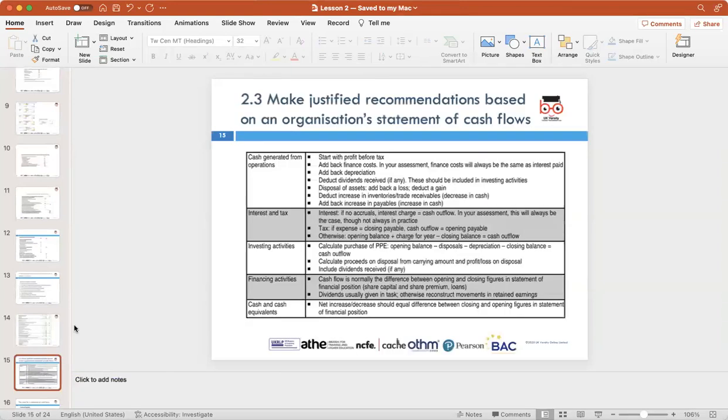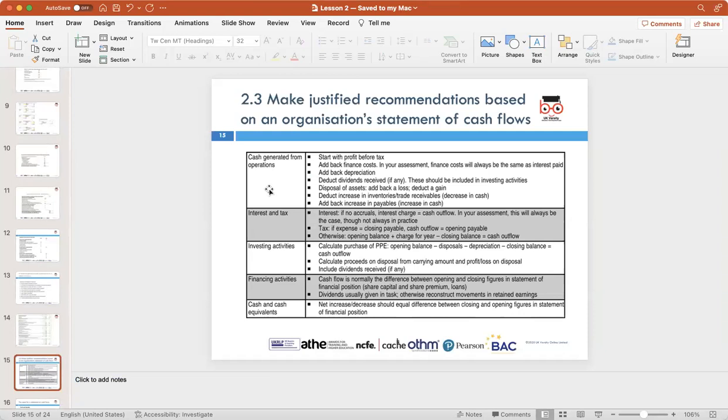So next, make justified recommendations based on an organization's statement of cash flow: cash generated from operations, interest and taxes, investing activities, financing activities, cash and cash equivalents.